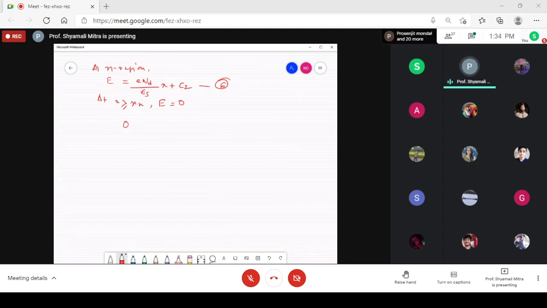So we will have 0 is equal to qN_D over epsilon_s times x_n plus C2, and C2 is nothing but minus qN_D divided by epsilon_s times x_n.